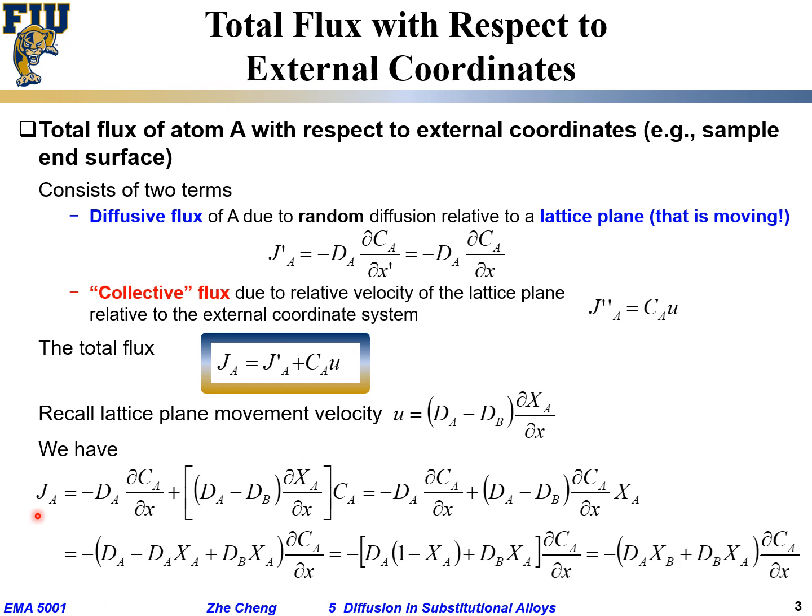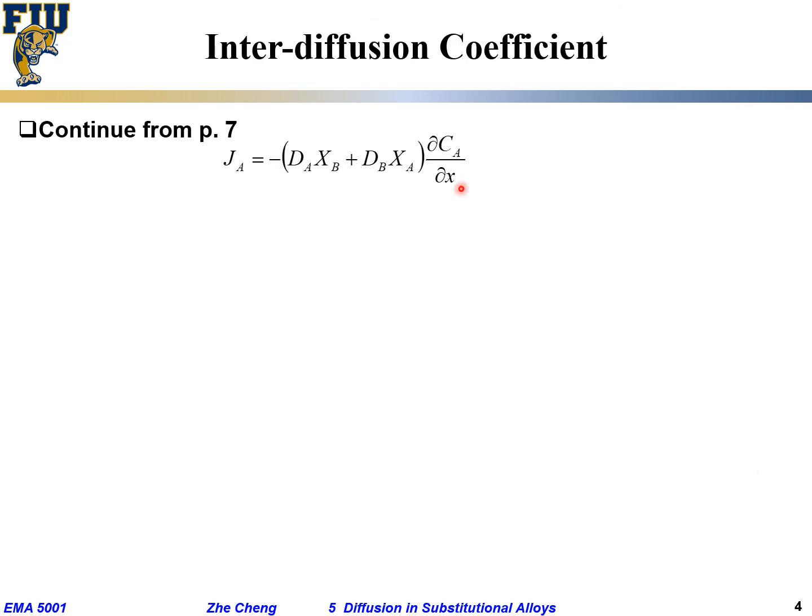The net flux of A is minus (D_A X_B plus D_B X_A) times this so-called concentration gradient. So this is what we have. The flux is this kind of interesting crossing term: D_A X_B plus D_B X_A times the concentration gradient.